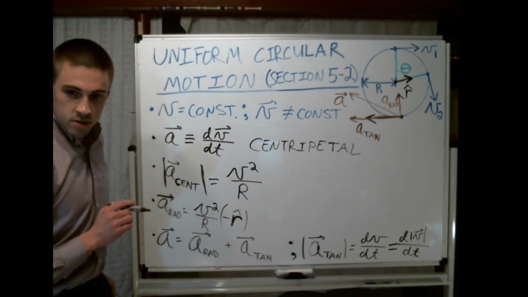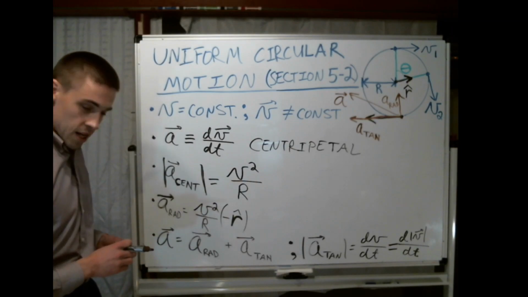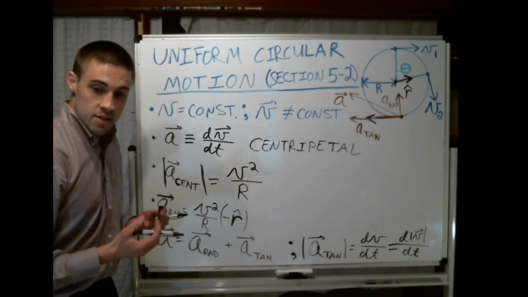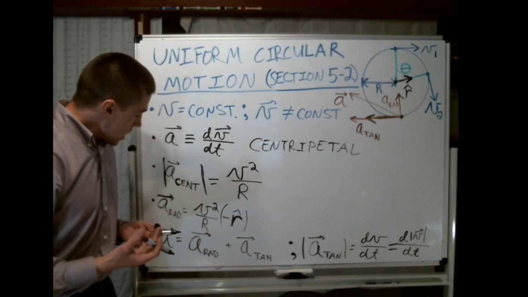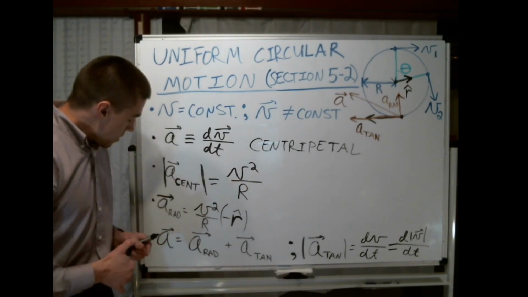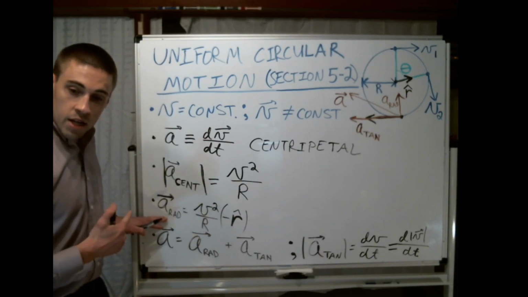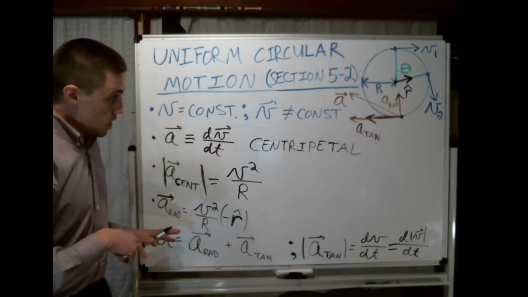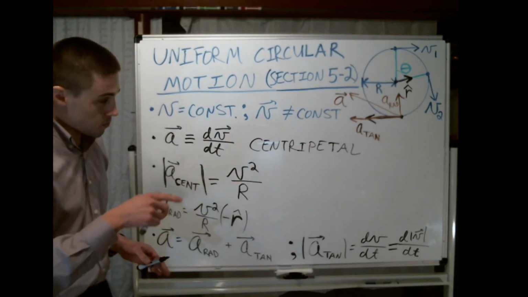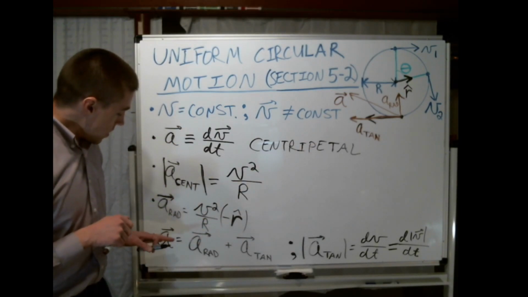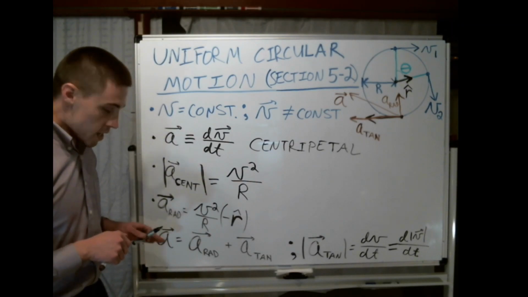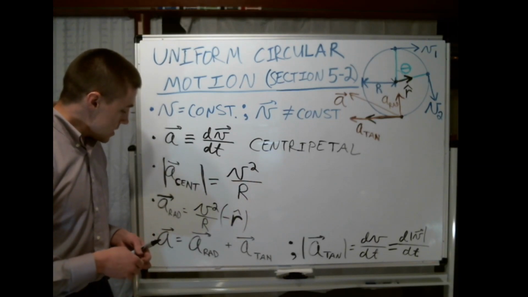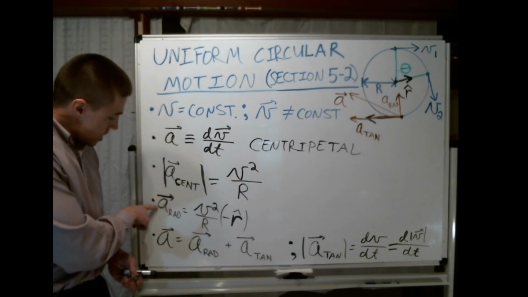My primary concern in bringing this up is that in a moment I'm going to start talking about centripetal dynamics and centripetal forces, and I want you to be aware that when I'm finding a radial force, the force that brings about centripetal motion, I can always find the radial force that's brought about by other forces, and I can set that equal to m times a radial.